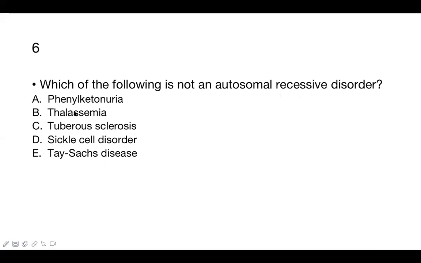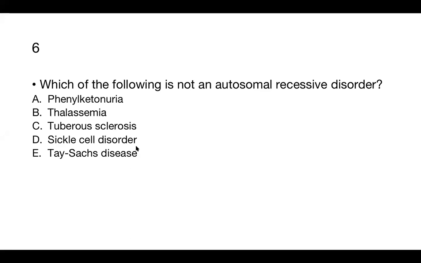Now, the three others: thalassemia and sickle cell anemia. You must have studied in the hemolytic anemia chapter. Both of these are autosomal recessive disorders, thalassemia as well as sickle cell anemia. One clue I'll provide you: there is a very common history of consanguineous marriage in this type of disorder, and in consanguineous marriage, autosomal recessive disorders very commonly occur.